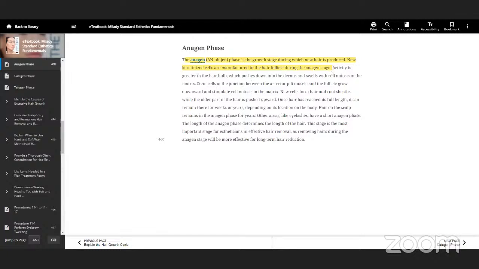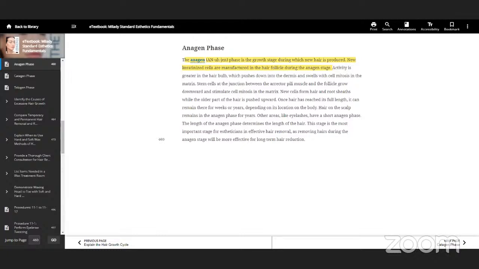It says activity is keratin during the anagen stage. Once those cells get the nourishment, it's going to pick up color. It's going to pick up DNA, which is going to tell it, it's going to pick up an identity. This hair should probably be produced this way. It's going to come out with a curl, a kink, or straight.